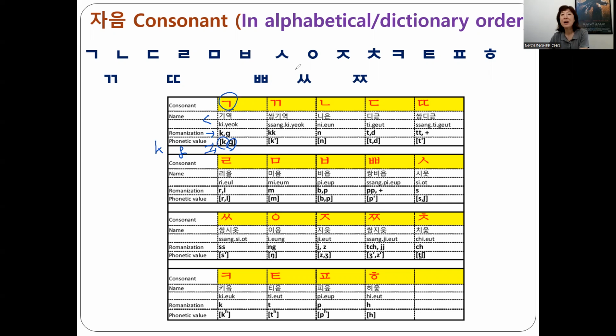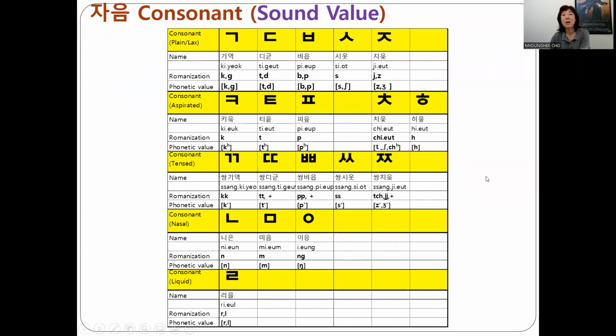Then I will introduce Korean consonant sounds, not with this table, but using a different table that I made, where I categorized them by their sound values, like this.